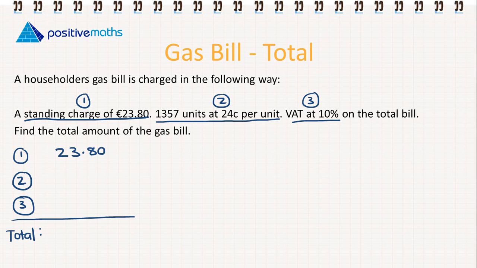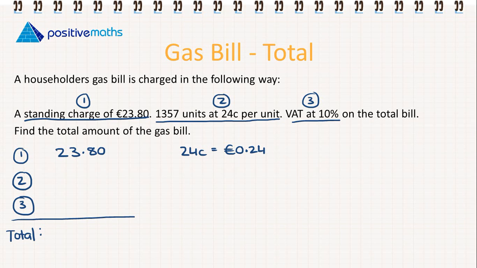Okay, so part 2. We have 1,357 units at 24 cents per unit. So what we have to consider first of all is that 24 cents is equal to 0.24 euros. We're looking for the cost in euros, so we must be careful that we do change that either before we calculate it or we change it after.